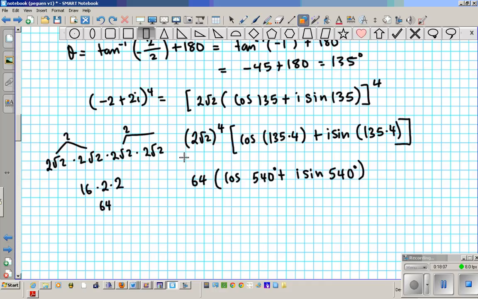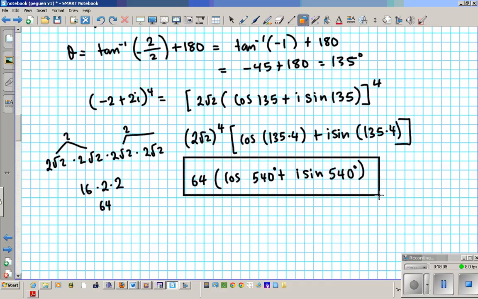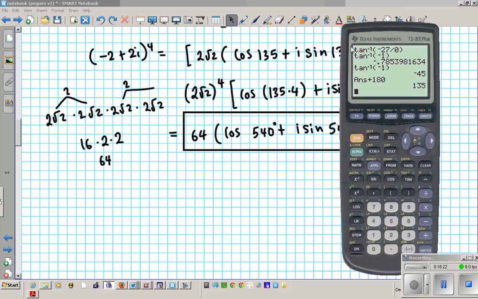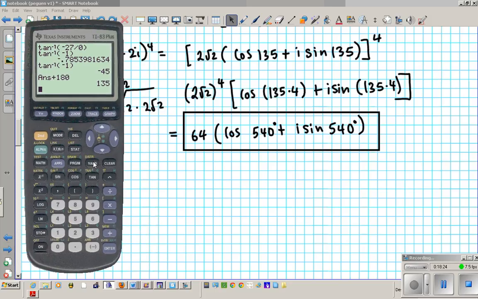Alright? What if I wanted to express my answer in rectangular form? 540 is bigger than 360, so I can't really tell. I need to spin it backwards to see if it can fall into my unit circle, okay? A coterminal angle from 0 to 360 that is the same as 540 can be derived by just subtracting 360 from 540.